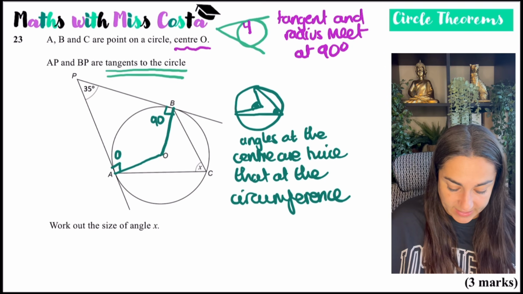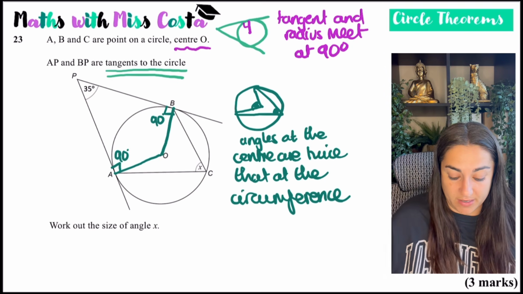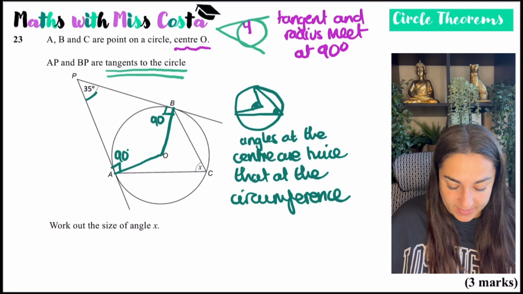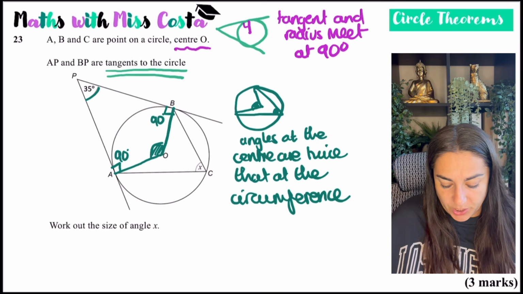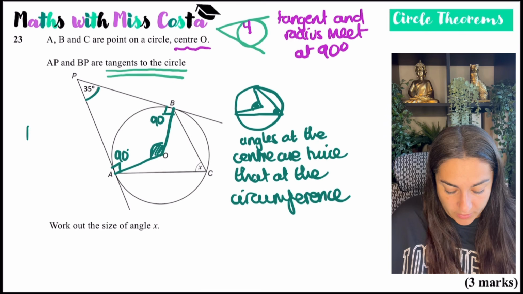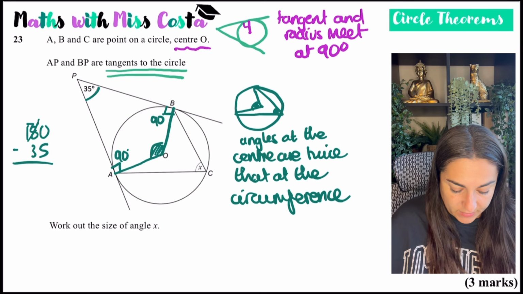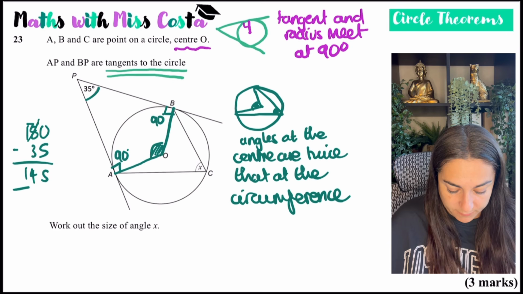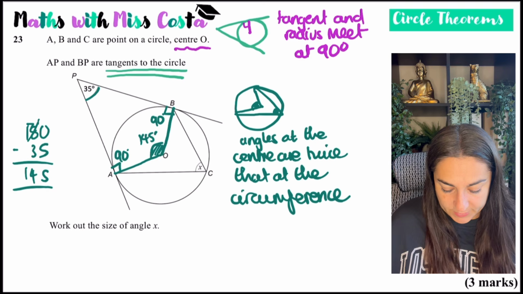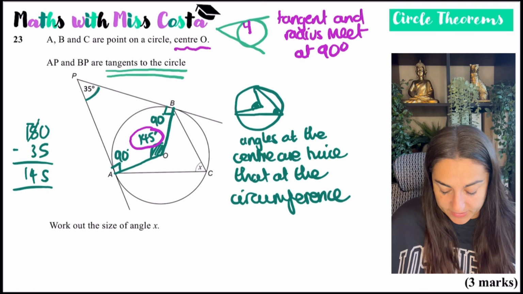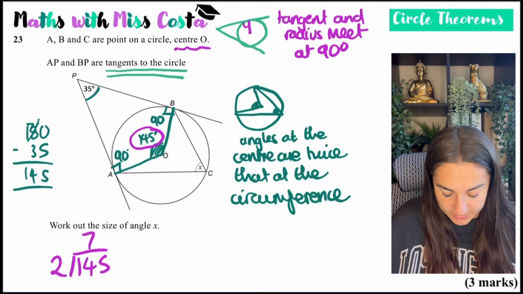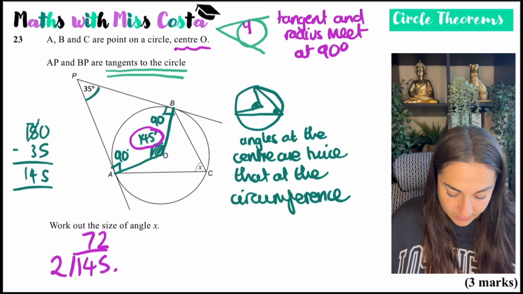You know this is 90, you know this is 90, so it's actually going to be 180 that this and this sum to. So 180 take away 35 gives you 10 take away 5 is 5, 7 take away 3 is 4, 145 degrees. So we know that this angle is 145 degrees and that this is going to be half of that. So 145 divided by 2 is 72.5.